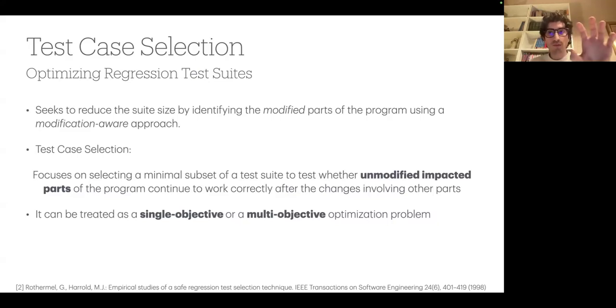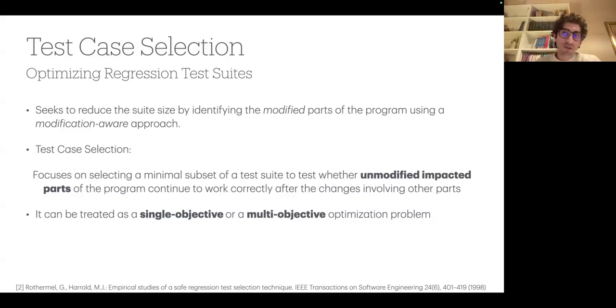Once we have spotted these components, we obtain the corresponding tests, which form the initial regression test suite, which we aim to optimize with test case selection. So it's kind of a modification-aware approach to the test suite optimization problem.